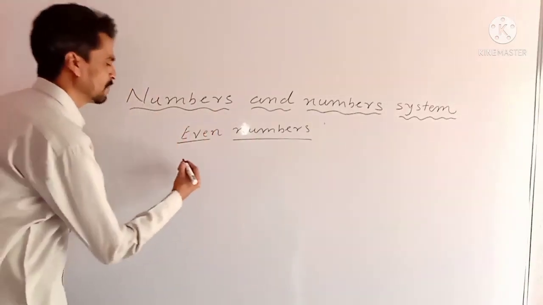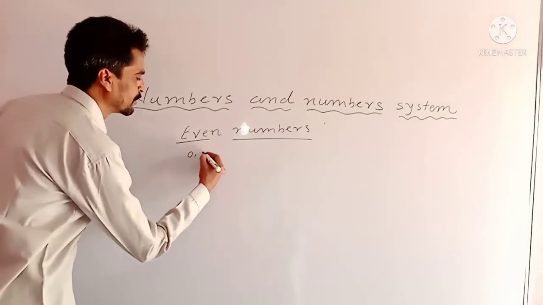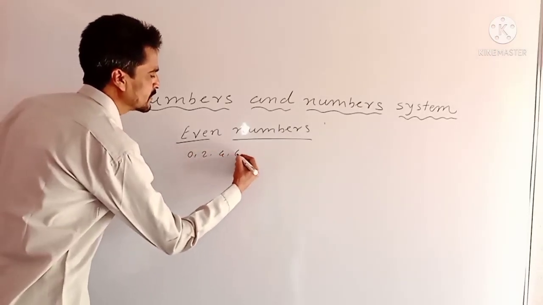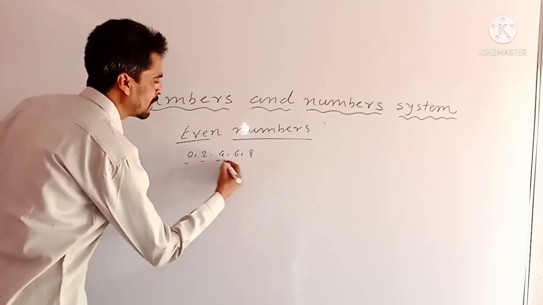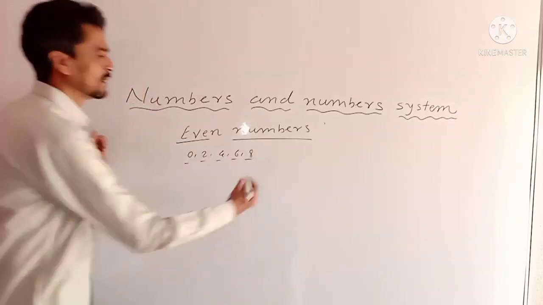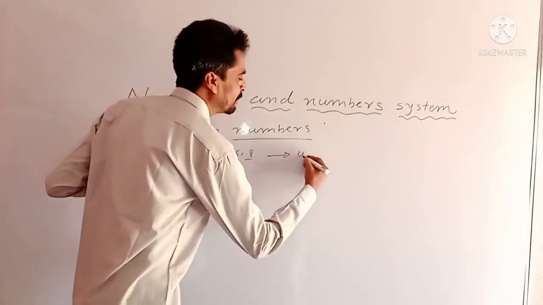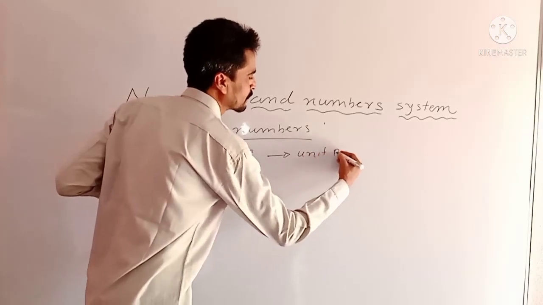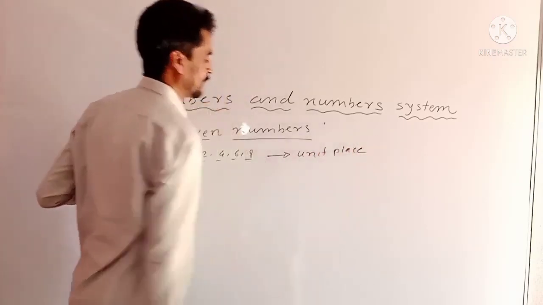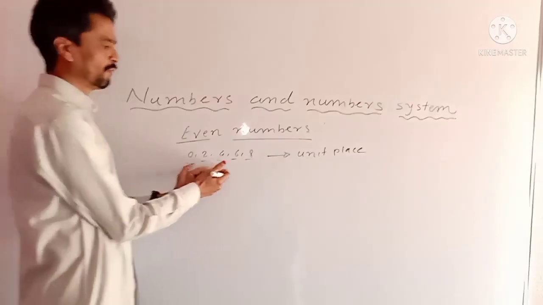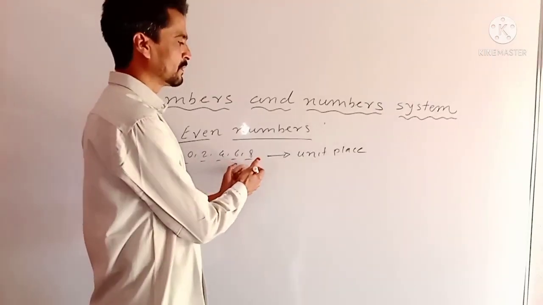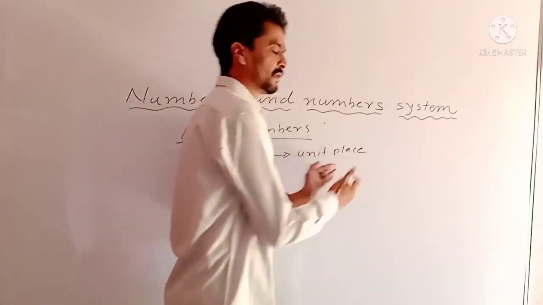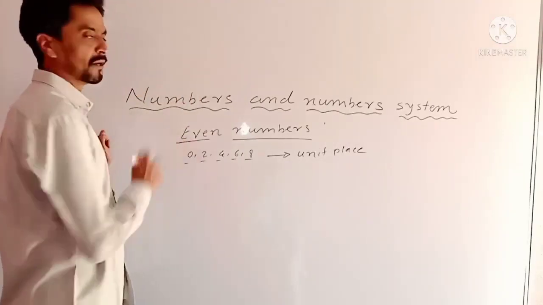So there is importance of the even numbers 0, 2, 4, 6, 8. These numbers on the unit place, 0, 2, 4, 6, 8 on the unit place, make it called an even number.